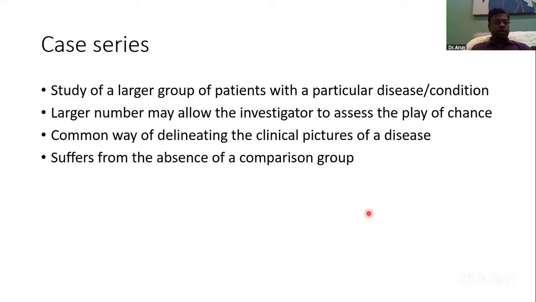The advantage compared to a case report is that, because you are assessing a larger number of people, it helps you differentiate whether the finding you observed is really due to the disease or due to chance. It is a common way of delineating the clinical picture of a disease. But in case report or case series, there is no comparison group.